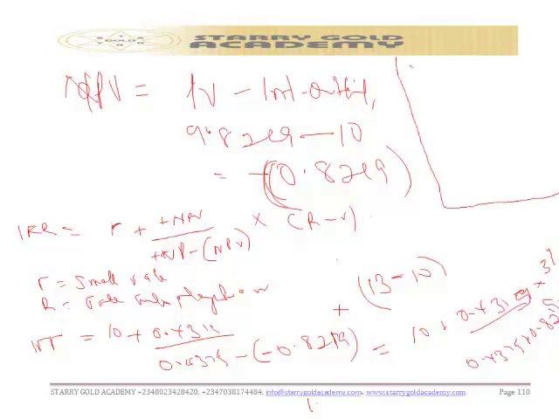We have 10 plus 0.3443 approximately, multiplied by the difference, 3%, so multiplied by 3.